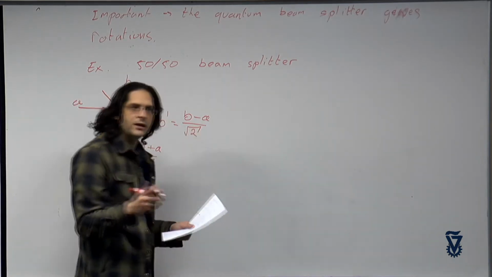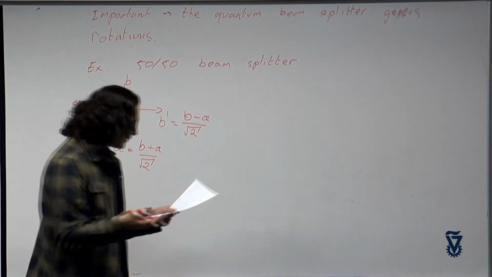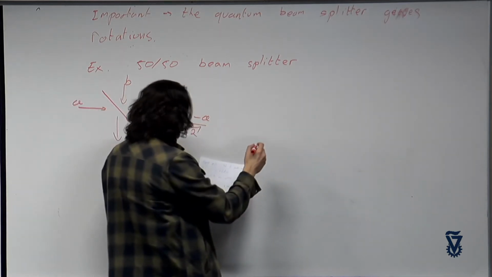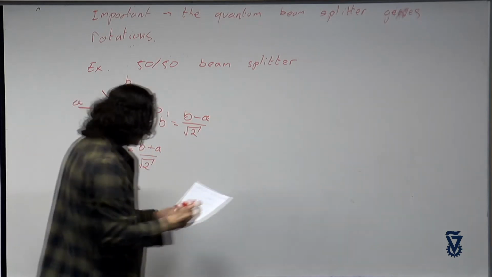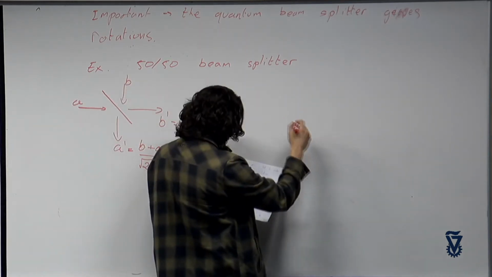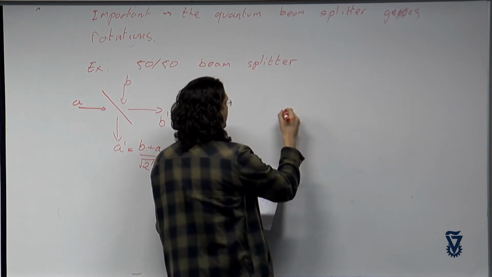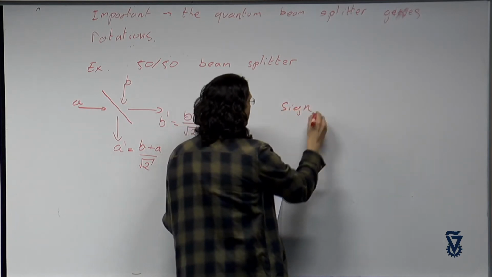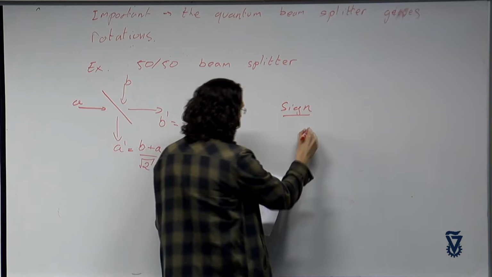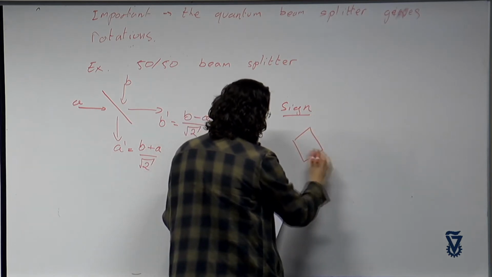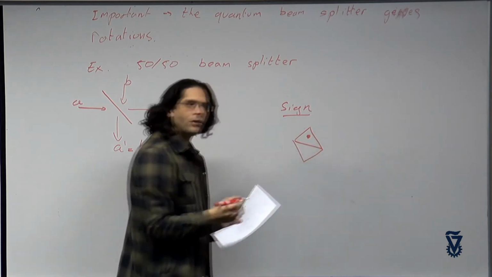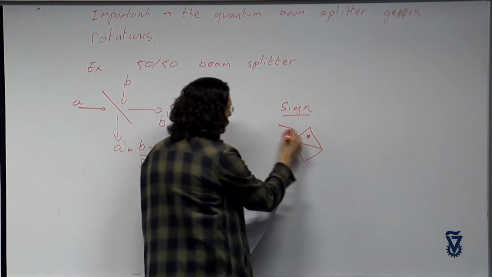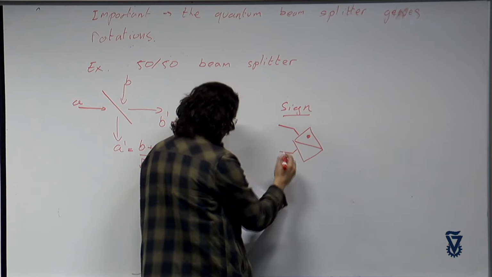In books, and you'll see this if you open Nielsen and Chuang, for example, this whole device for a 50-50 beam splitter is marked in this way. So the symbol for this 50-50 beam splitter is this shape over here, where it has a dot on one side. And the dot is just to break the symmetry of the choice.